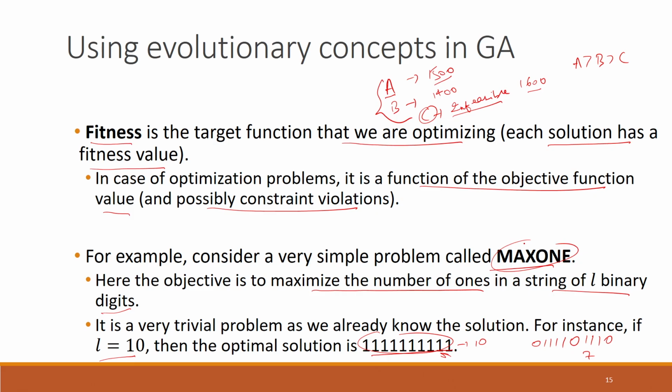But suppose we did not know that this is the optimal solution. If we are to start with some set of solutions, and then try to reach this solution, then how will the genetic algorithm work? That's what we want to look at. Okay, so we'll be focusing more on this problem in the next class. Thank you.